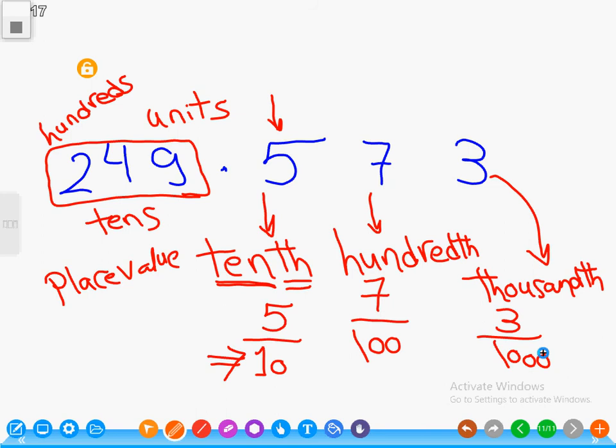We can also write it as 0.5 or 0.07. Why? Because here it's 100, 2 decimal places after the decimal point, so we will put zeros. And here it means I have 3 decimal places, so we will put 2 zeros before 3. This is the place value and the value of the decimal number.